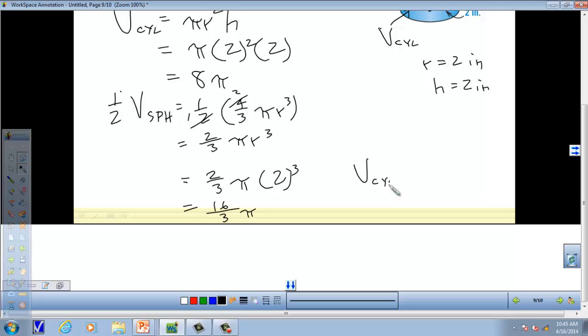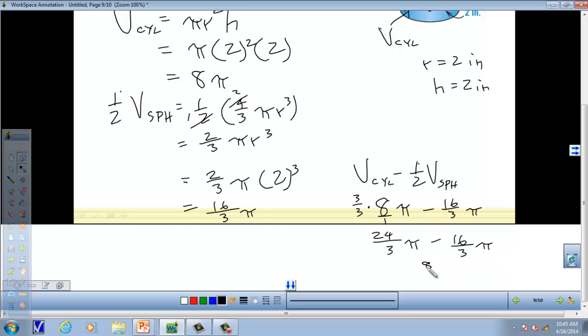So right now, if we look at this, we have the cylinder minus half of the sphere. This gives us 8 pi, and the other is 16/3 pi. Now remember, if I multiply top and bottom here by 3, remember this is over 1, that would give us 24 over 3 pi. I'm going to subtract out 16 over 3 pi.